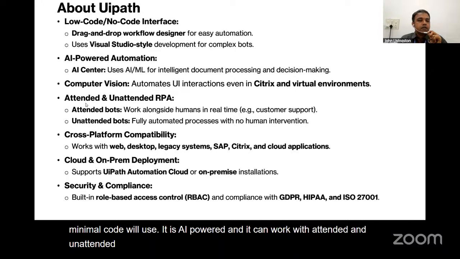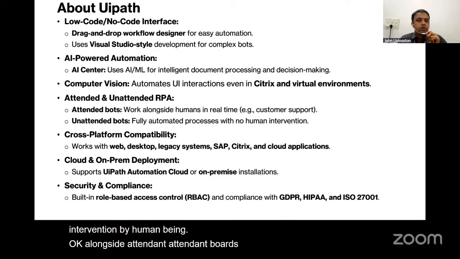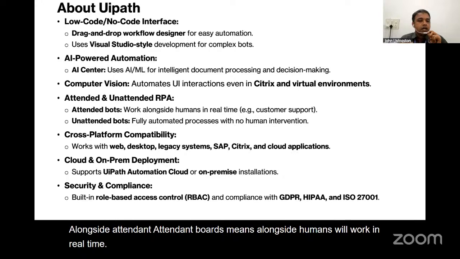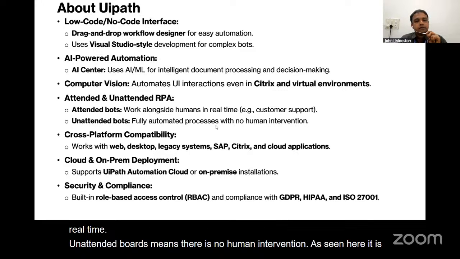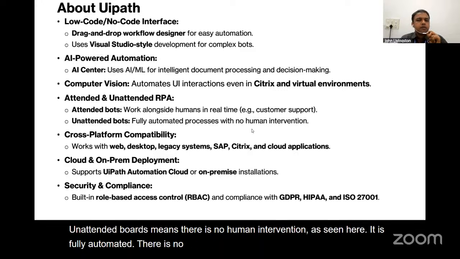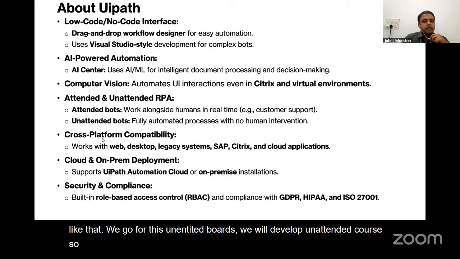Attended means there is intervention by a human being. Attended bots work alongside humans in real time. Unattended bots mean there is no human intervention; it is fully automated. In cybersecurity or something like that, we go for these unattended bots. We will develop unattended bots. The next one is cross-platform compatibility.